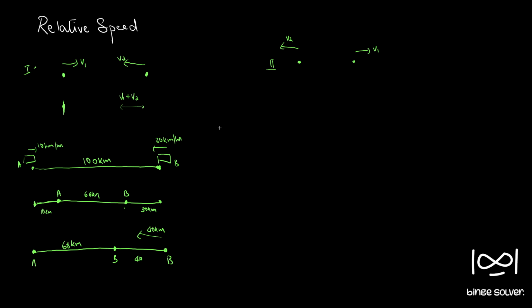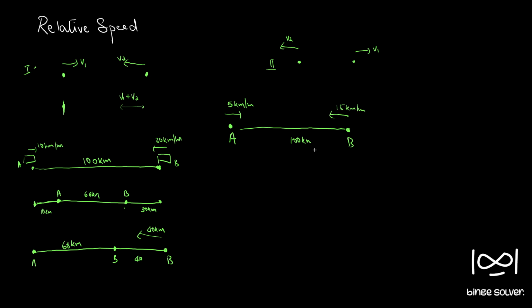Say in a question, two people are moving at a speed, and there is 100 km between them. Two cars are traveling, one at 5 km per hour and the other at 15 km per hour.